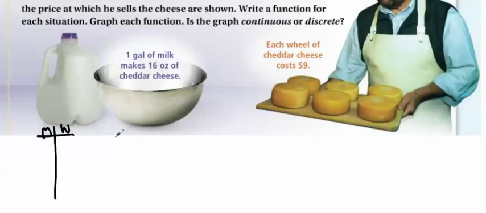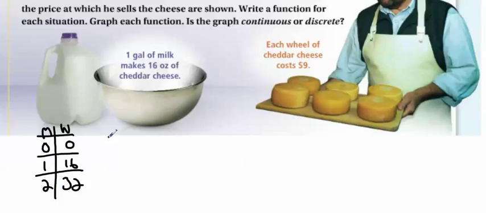Now in this case, I'm going to start out with, if I use no gallons of milk, I make no cheddar cheese. If I use 1 gallon of milk, that makes 16 ounces. If I use 2 gallons of milk, that makes 32 ounces.